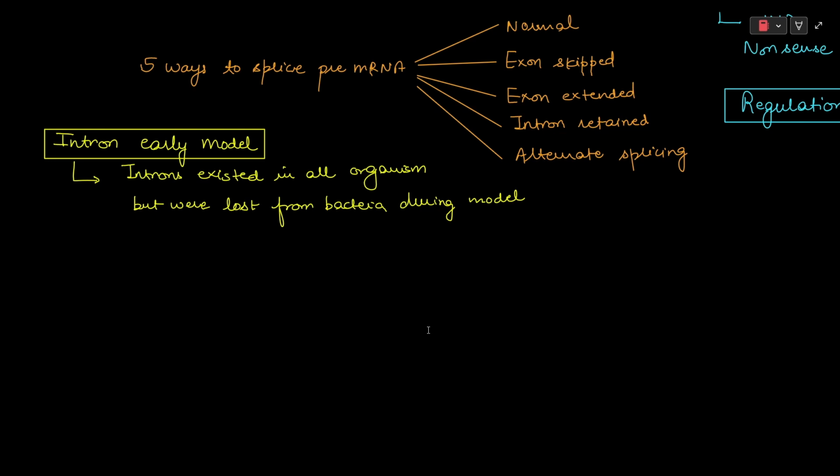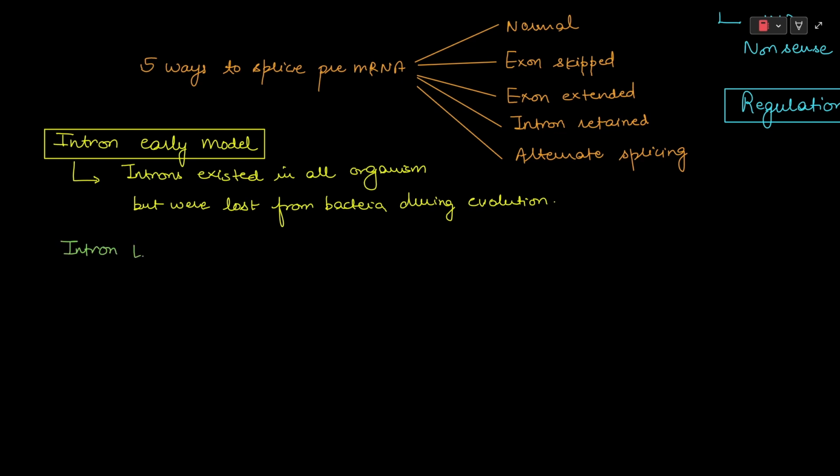So the intron early model suggests that introns were present in almost all organisms, but prokaryotes, the bacteria, deleted them during evolution, and now their genome doesn't contain any introns. So this is your intron early model.